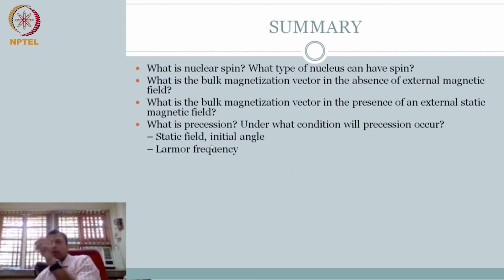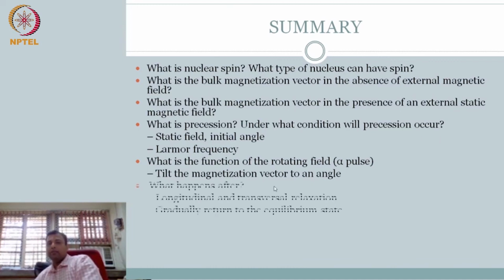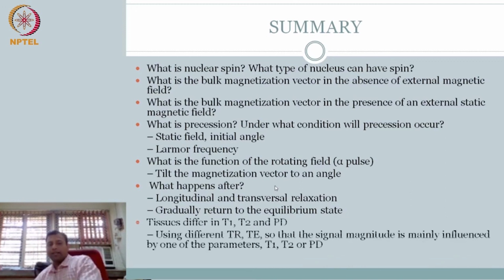Then we introduced applying another field, pushing it to the floor. So we talked about the alpha pulse, the rotating field, and tip angle. After excitation, we talked about the two relaxation processes. After the relaxation process, we talked about contrast mechanisms: how do we get different contrast exploiting T1, T2 and PD using the time to repeat and time to echo.